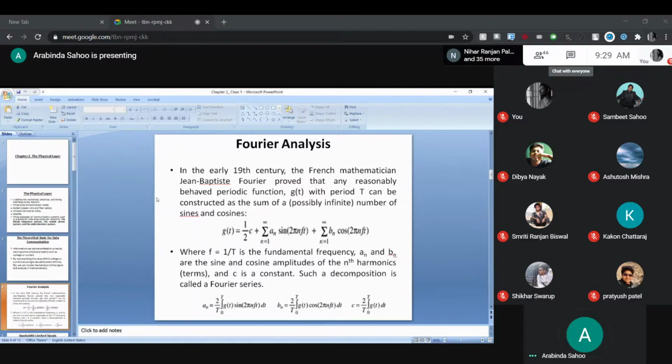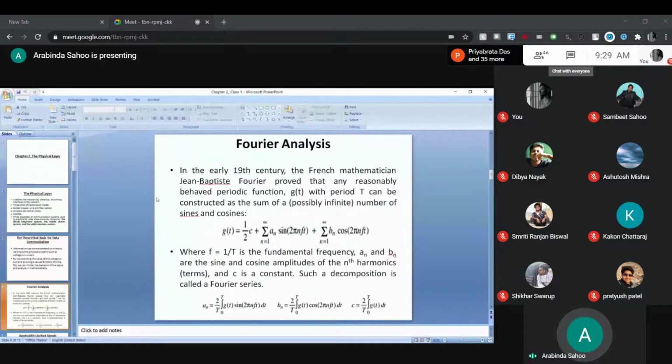So Fourier analysis, the Fourier series or Fourier transform, is one of the best tools to find out what the different frequency components or harmonics associated with a particular signal are, whether it is a periodic signal or an aperiodic signal.